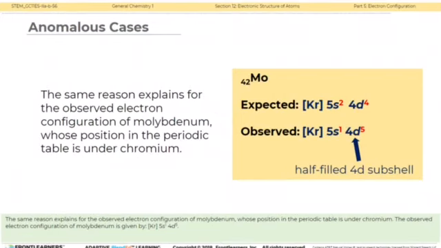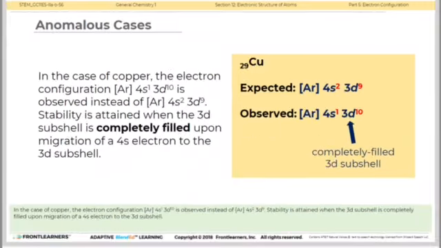The same reason explains the observed electron configuration of molybdenum, whose position in the periodic table is under chromium. The observed electron configuration of molybdenum is given by [Kr] 5s1 4d5. In the case of copper, the electron configuration [Ar] 4s1 3d10 is observed instead of [Ar] 4s2 3d9.